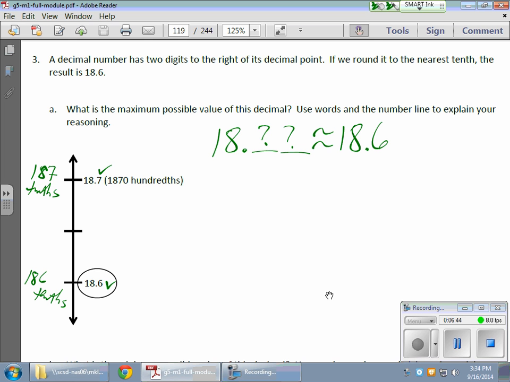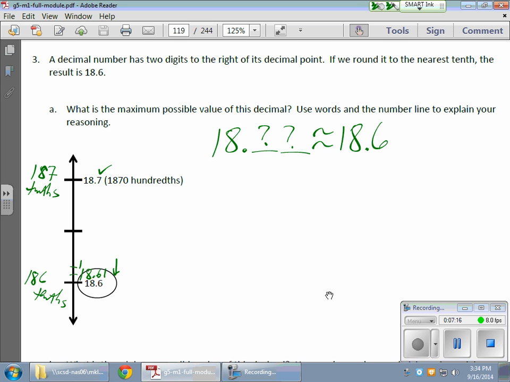What I like to do here is check out those hundredths. What I wanted to do here is say if I had 18.61, that would still round down to my 18.6.